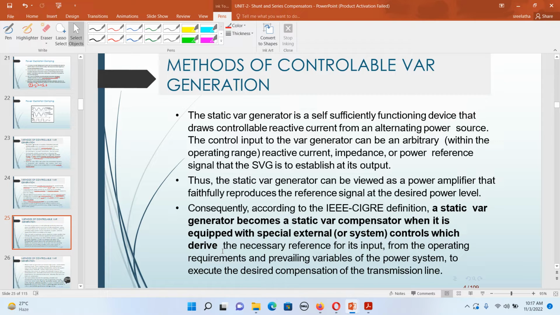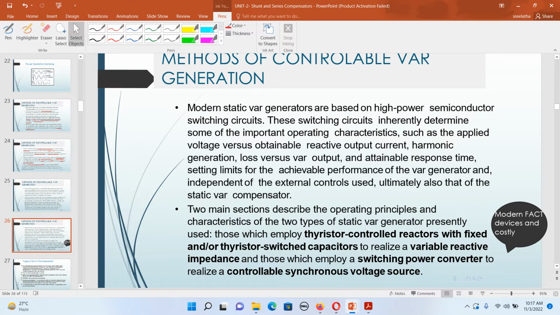A static var compensator does two things. It can either generate reactive power or absorb reactive power, using inductive elements for absorbing and capacitive elements for generating reactive power. This is done using the internal control circuit. Modern static generators are based on high power semiconductor switching circuits.